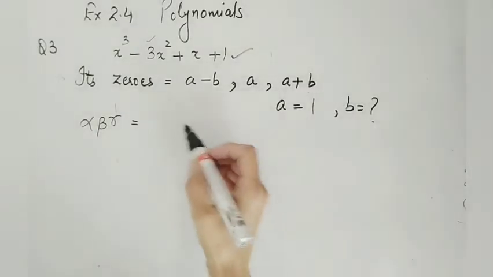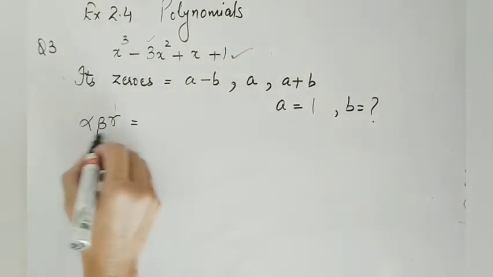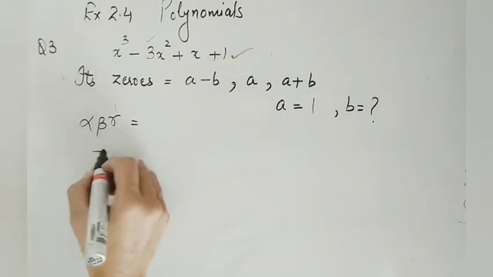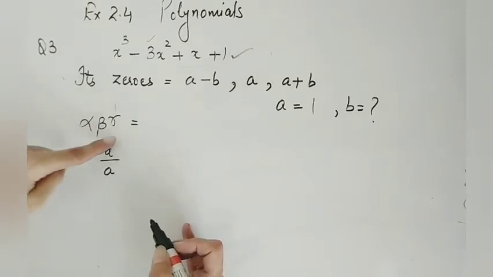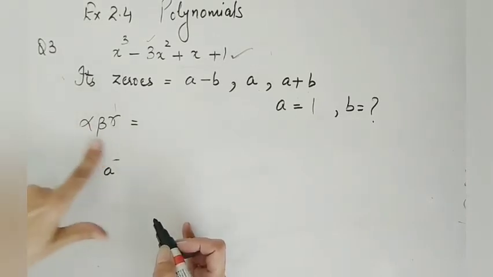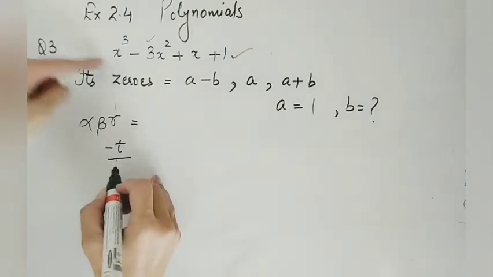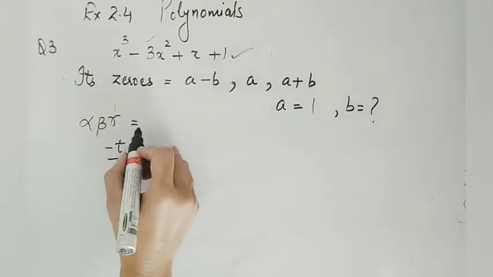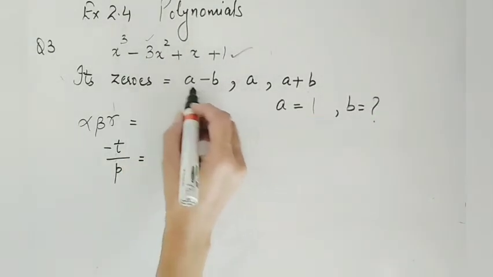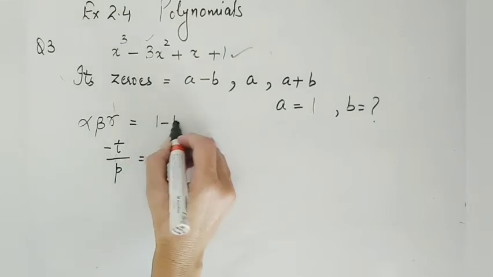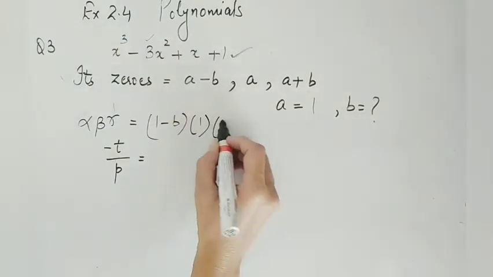Now the product of these three, how do we represent it? Minus d by a. But here we will not write minus d by a. What should I write? Minus t by p. And take the product of all three. Put the value of a. It's 1 minus b, and then 1, and then 1 plus b.